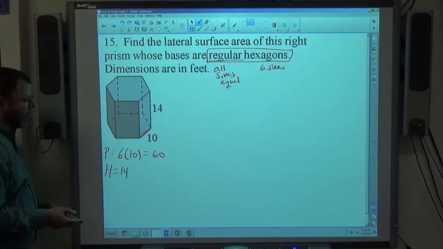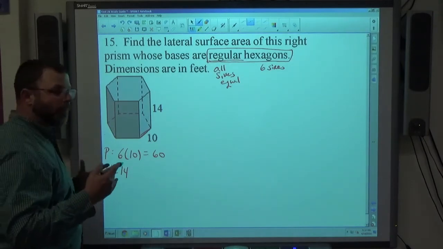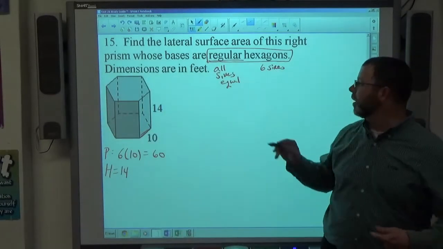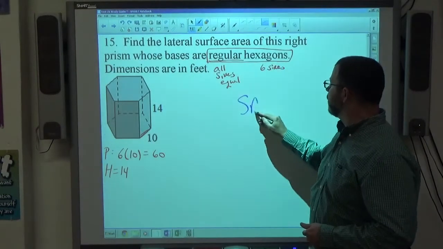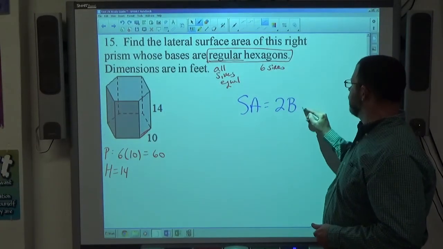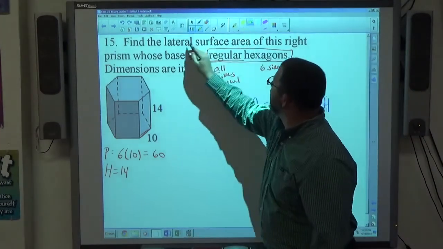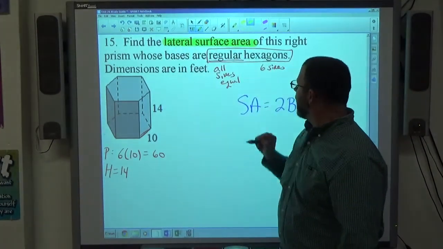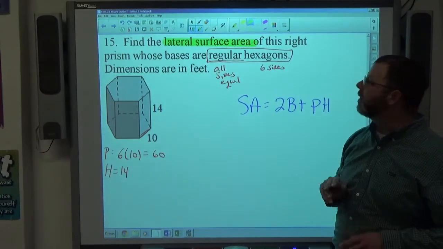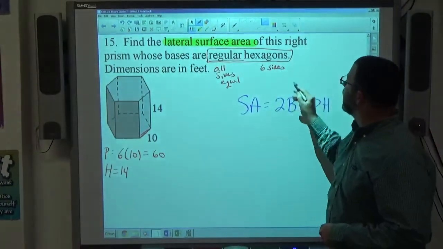Now the one thing I can't figure out is the area of the base. So now I'm maybe racking my brain. Well, I know the surface area formula says surface area is equal to 2B plus Ph. But if I look more carefully at the question, it says to find the lateral surface area. Lateral surface area is the area of everything but the bases. 2B is the area of the bases.